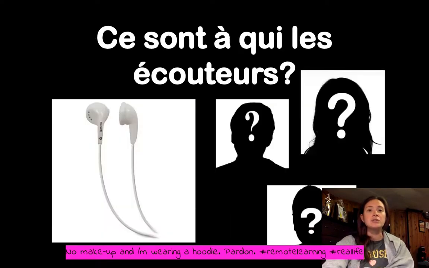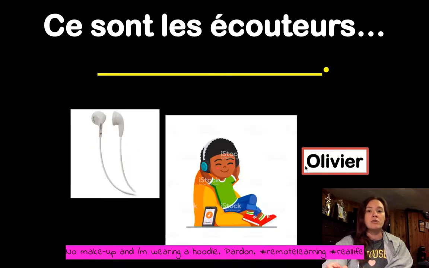Okay, ensuite, ce sont à qui les écouteurs? Okay, again, les écouteurs is a plural noun, so you use ce sont instead of c'est. Ce sont à qui les écouteurs? Whose earbuds are they? Okay, or, yeah, who do they belong to? So we have Olivier here. Sorry for the iStock branding.